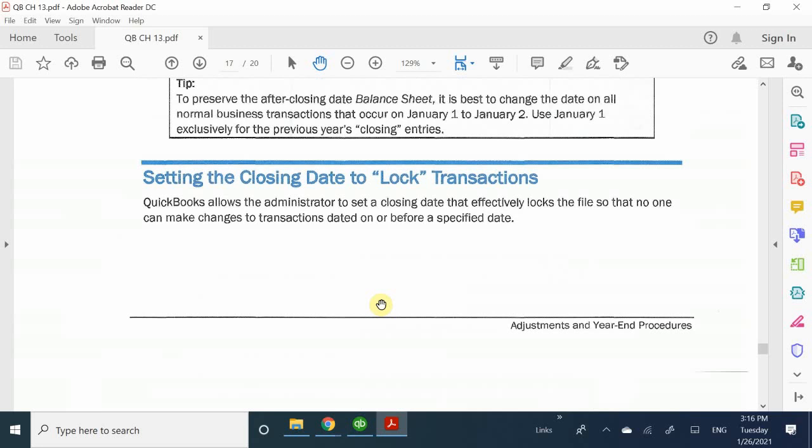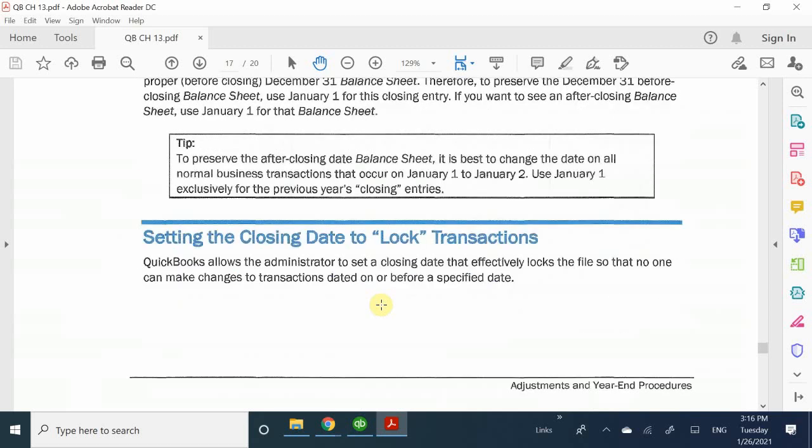So obviously you have to be admin in order to set the closing date, because admin is the one who has access to go through files that are locked up. They're the only ones that can do it. Admin or the primary accountant. No one else on any user's levels should have access to go through any closed out files.